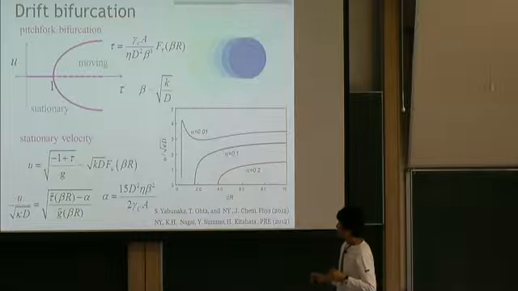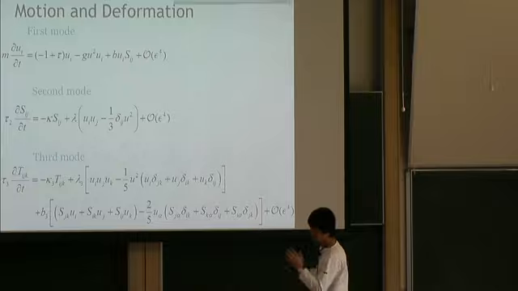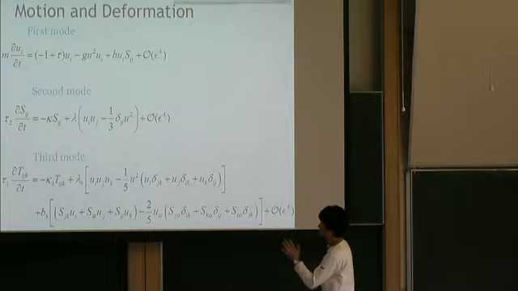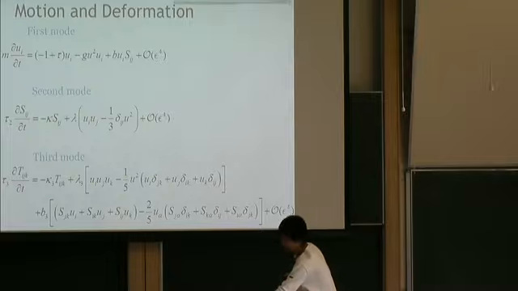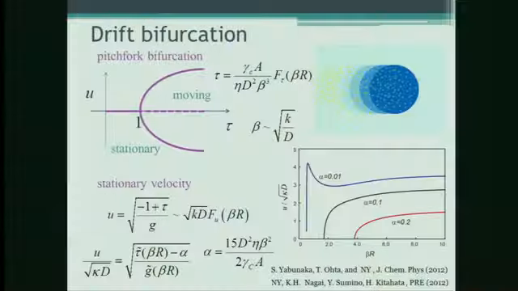So for the droplet, the phase transition of translational motion between the stationary state and the moving state is kind of easy, because when tau is larger than 1, the linear term becomes positive, and that means the stationary state is unstable, therefore it moves in one direction.